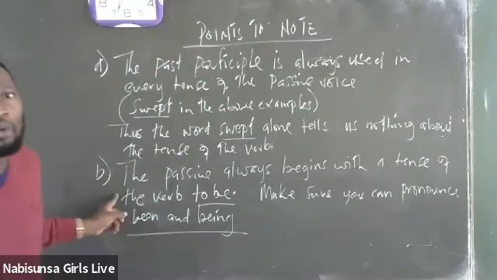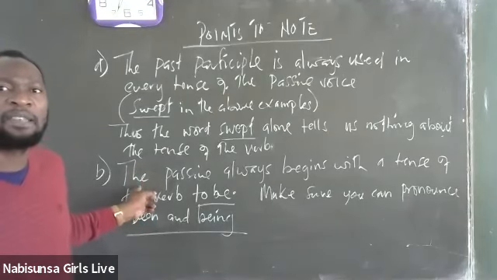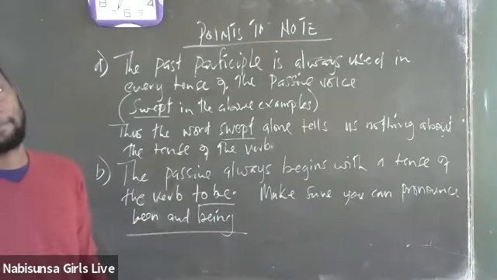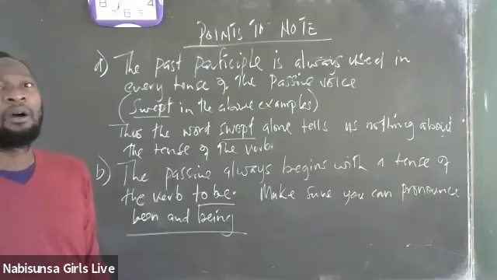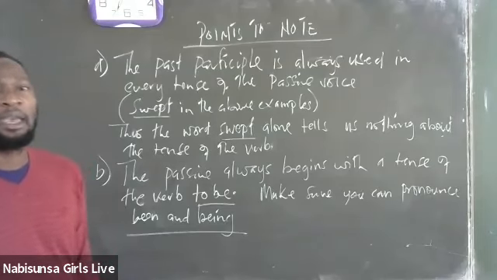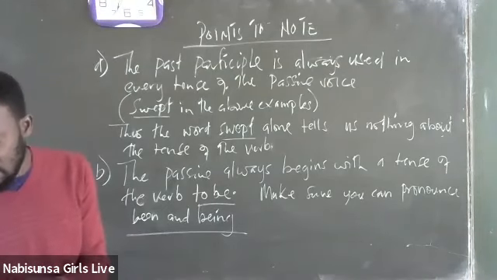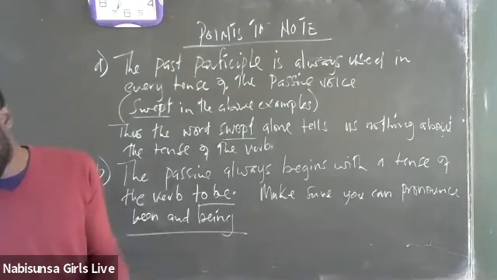Note number 2 is that the passive voice always begins with a tense of the verb to be. Again, when you look at those sentences there, the verb to be expresses itself with is, are, was, being.